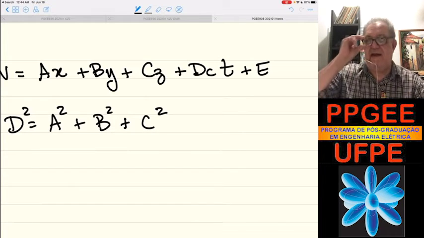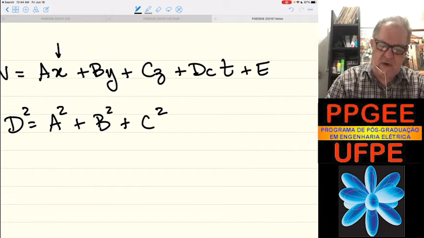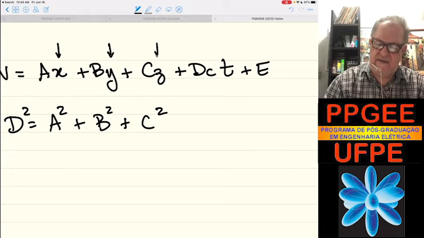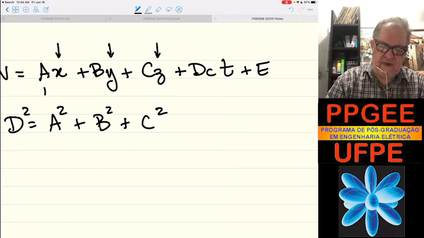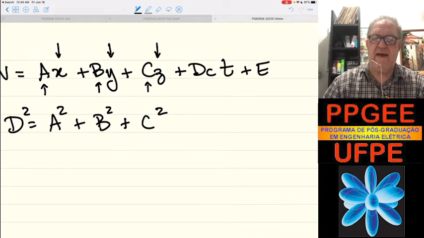So in vector form, these are the coordinates of the position vector, and these are the components of the vector G, right?